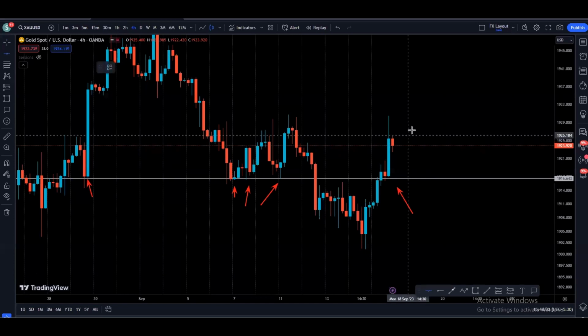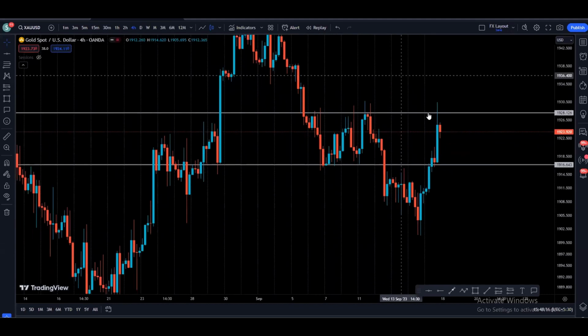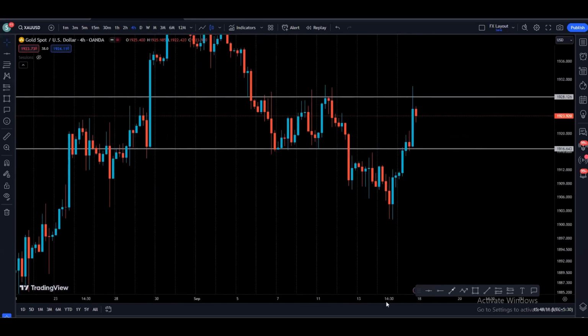And if we talk about the resistance, we can see that this one is a resistance, and we have resistance, resistance, resistance, and resistance. So it's a pretty strong support and resistance. And the next support is right here as well.